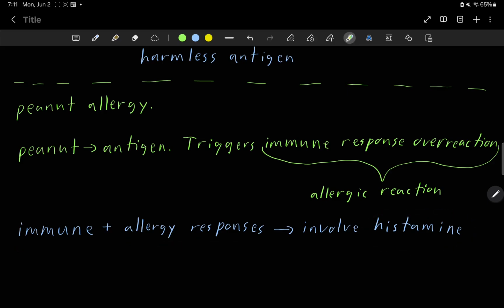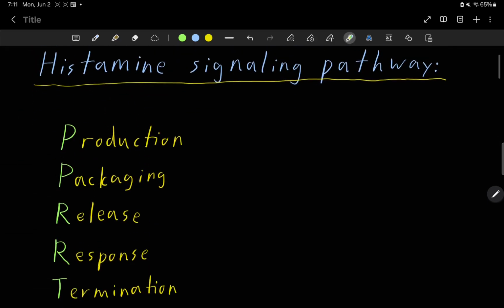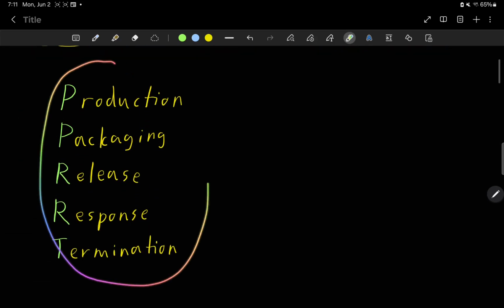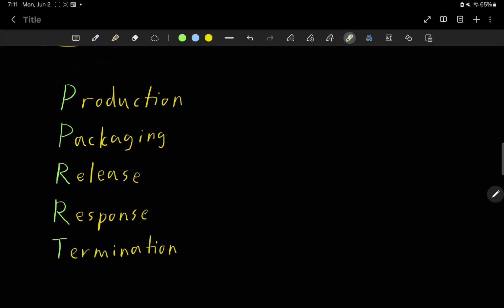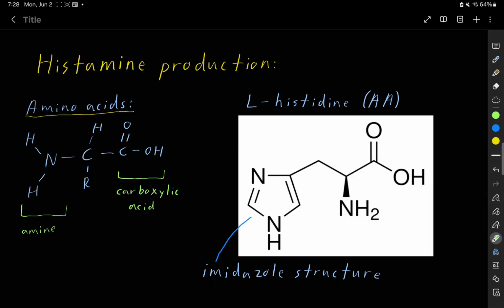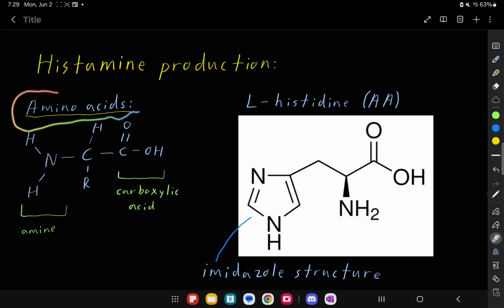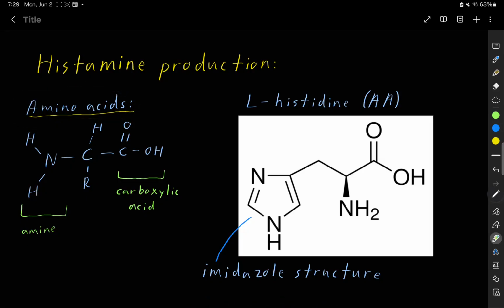So let's take a look at how histamine goes through our 5 steps of the signaling pathway in order for these responses to happen and eventually get terminated. So let's start off by looking at how histamine gets produced. Your body has a bunch of different types of amino acids. They're very essential for our body to function.